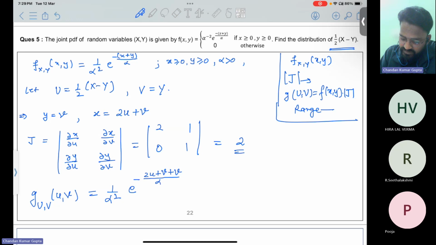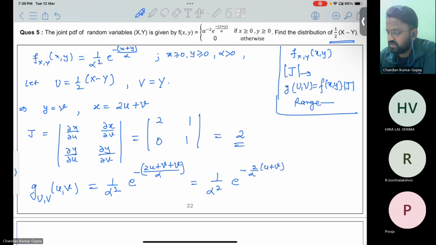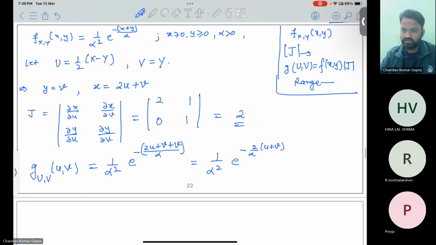Simple. And this is 1 upon alpha square e to the power minus of 2 by alpha times (u plus v). Clear up to this point? Yes, sir, it is clear. Thank you.